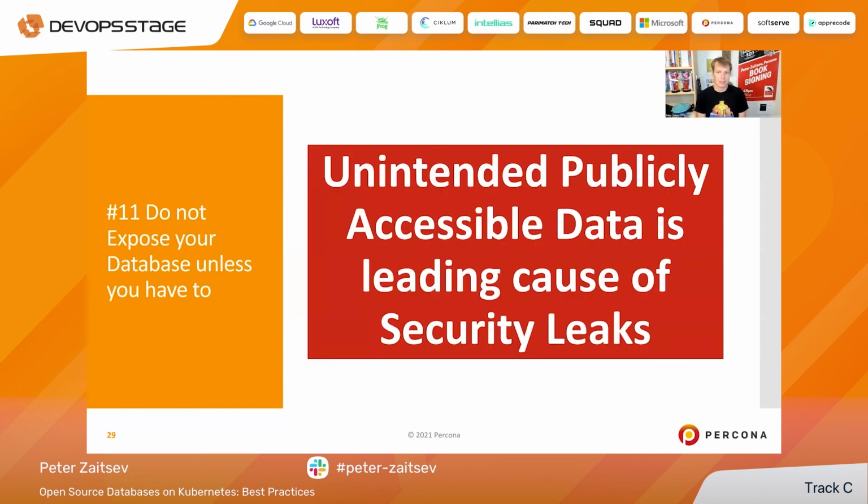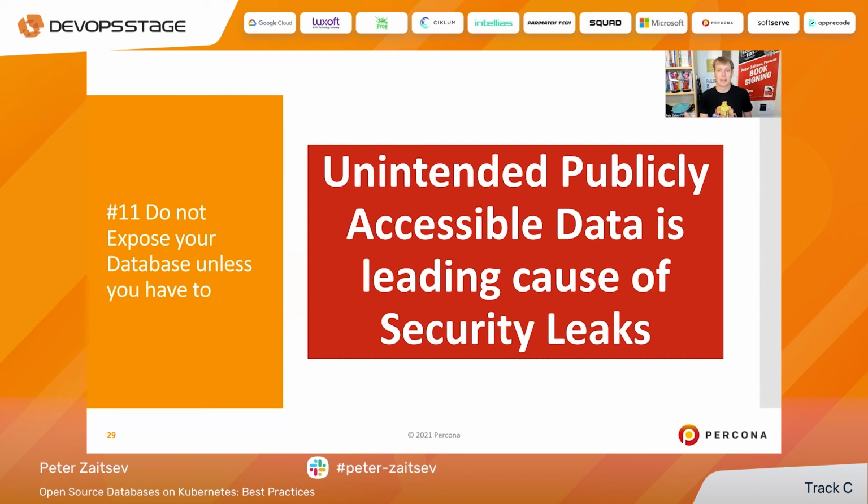Number 11, do not expose your database unless you have to, right? Or only minimally expose it. The idea in this case is, well, if the applications talking to a database run in the same Kubernetes cluster, well, don't expose it beyond it.